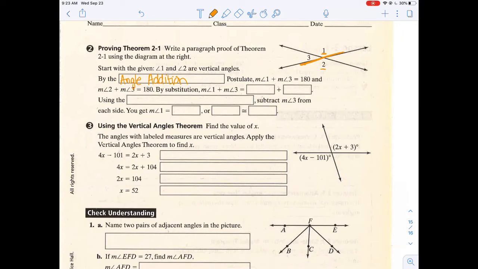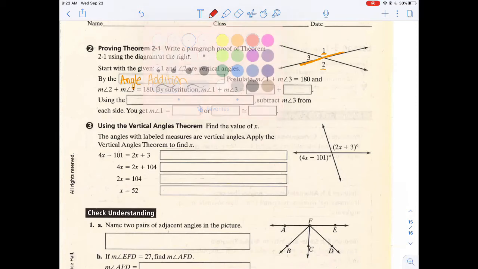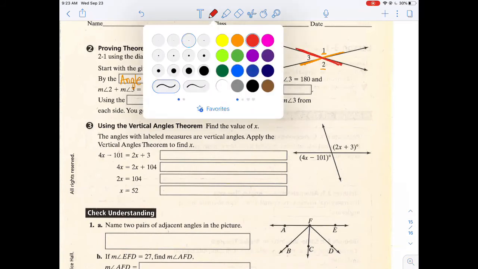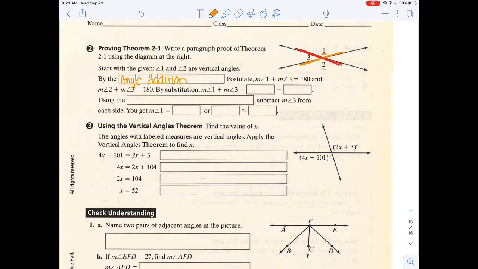And the measure of angle 2 plus the measure of angle 3 also have to add up to 180 because those make this straight line here. Okay, so by substitution, the measure of angle 1 plus the measure of angle 3 equals the measure of angle 2 plus the measure of angle 3, because they both add up to 180.